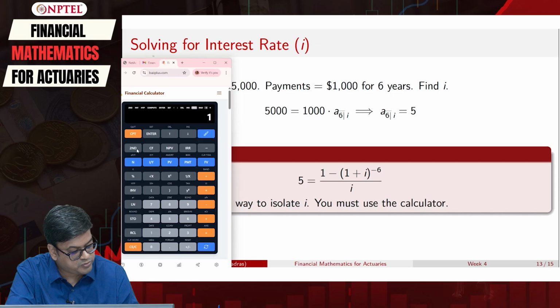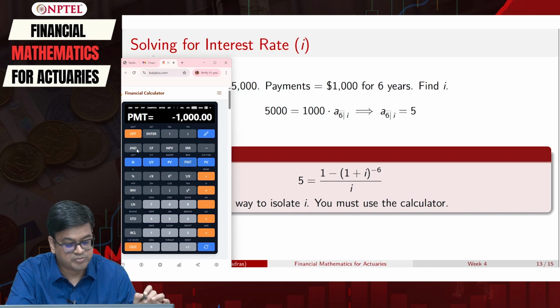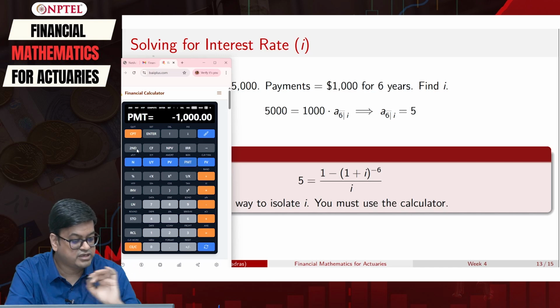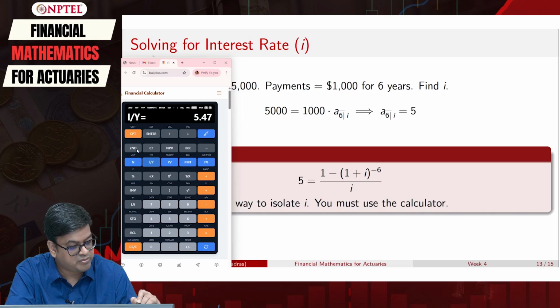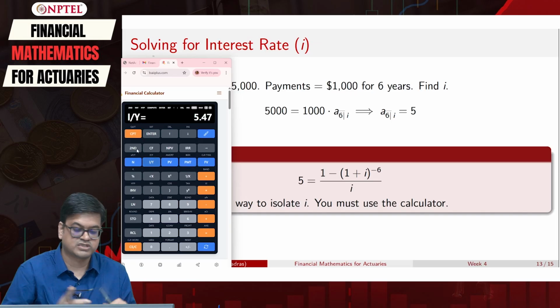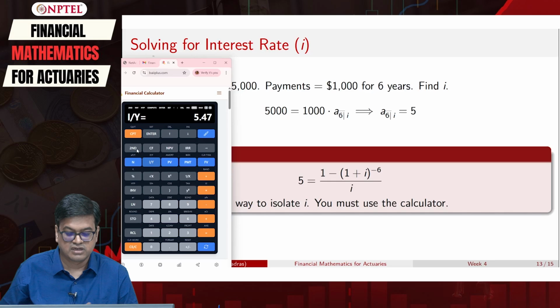So you push in 1,000 and negate it because it's money going out, and put it in PMT. What do I need to compute? I need to compute the interest rate. So press compute, press I/Y. 5.47 is the interest rate.